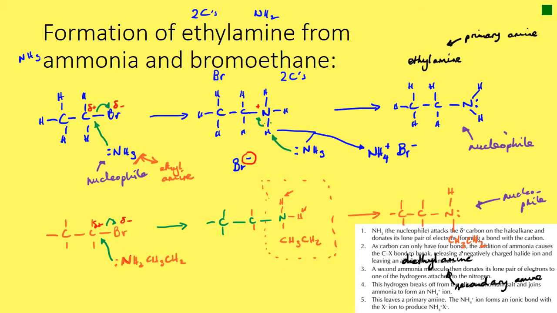And we have to draw out our final product. And our ethane chain's just the same, except instead of a bromine on the end of it, we've now got an NH2 group on the end of it. Like that. And what I would like to point out is this word nucleophile.